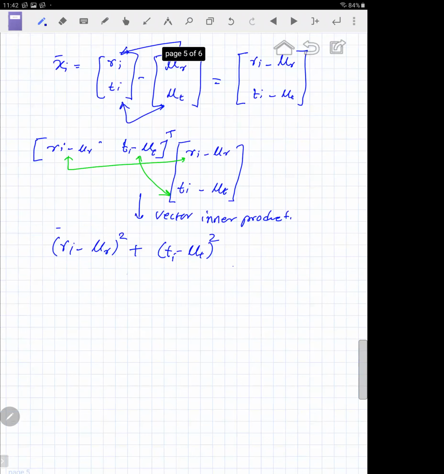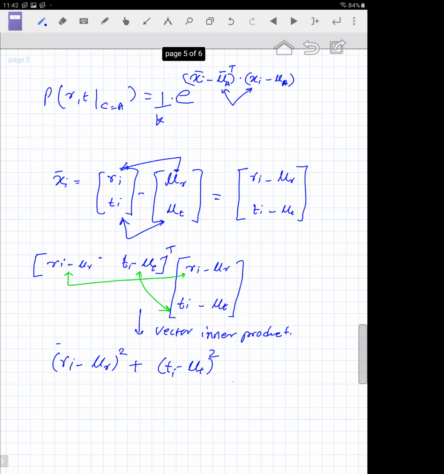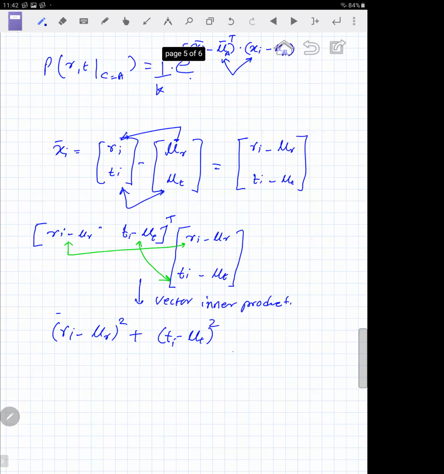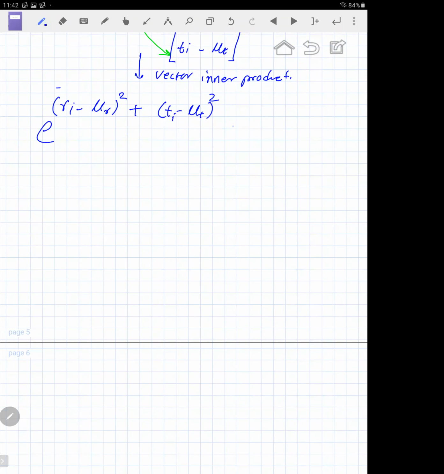Now, why did we go through all of this math? It is to show you the following. What is this vector inner product? It is actually an exponent, it's coming from this exponent of the inner product. So if we bring back the exponential operation here, you see that this is an exponentiation of the sum of two quantities.